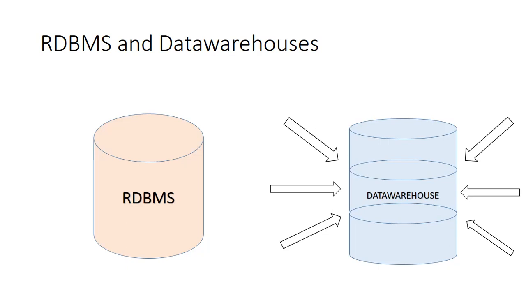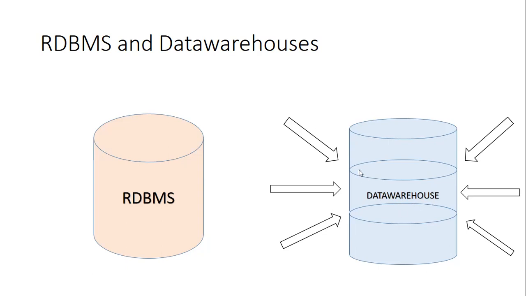Okay. So data warehouses, as we said, are used for OLAP, online analytical processing, and RDBMSs are used for online transaction processing. So that would be the difference of why somebody would prefer a data warehouse and why somebody would have an RDBMS for OLTP. Fine.